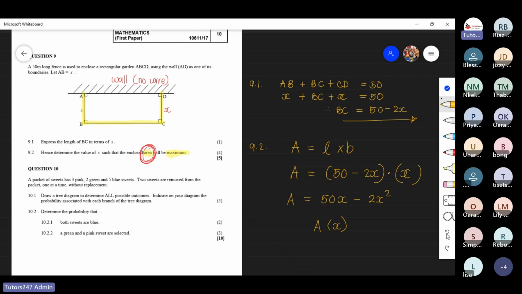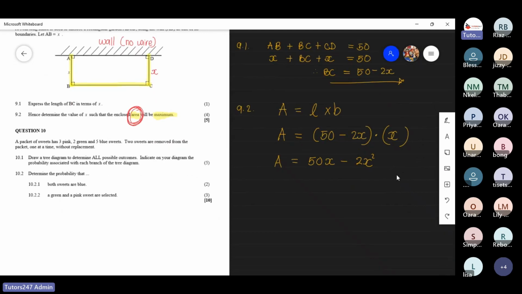Now that we've found the area equation, we need to find the maximum of this particular equation. So how do we find a maximum? Just give me a second to fix this. That is supposed to be 2x squared, okay? So our area equation is A equals 50x minus 2x squared.